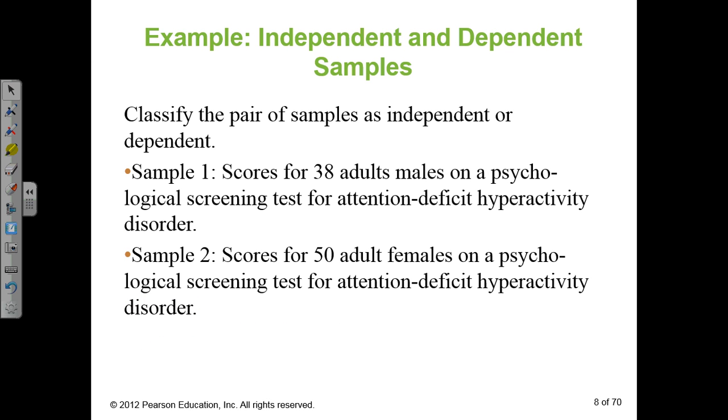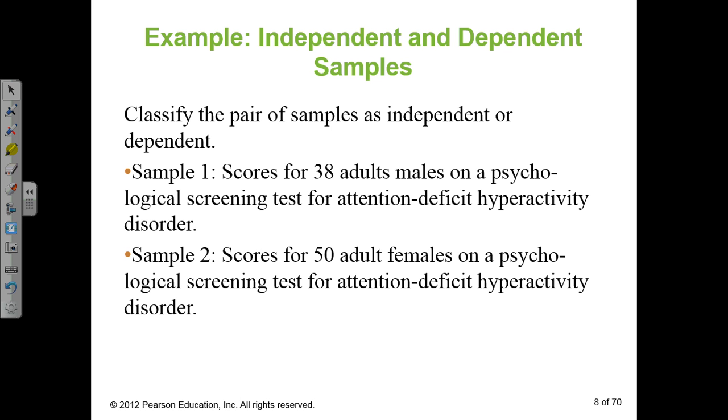Here's another example. Suppose we test 38 adult males with a psychological screening test for attention deficit hyperactivity disorder, and then we sample 50 adult females with the same test. Clearly, this cannot be dependent or paired because the two sample sizes are not even the same.